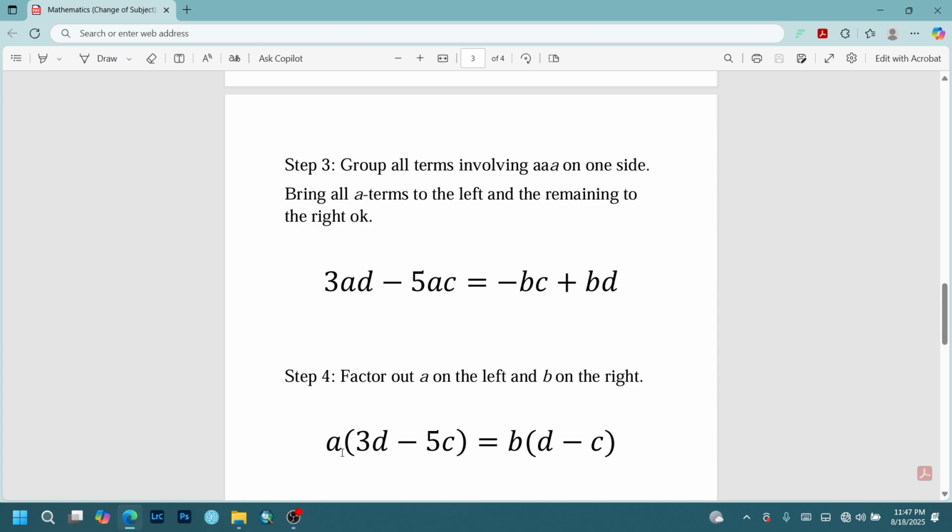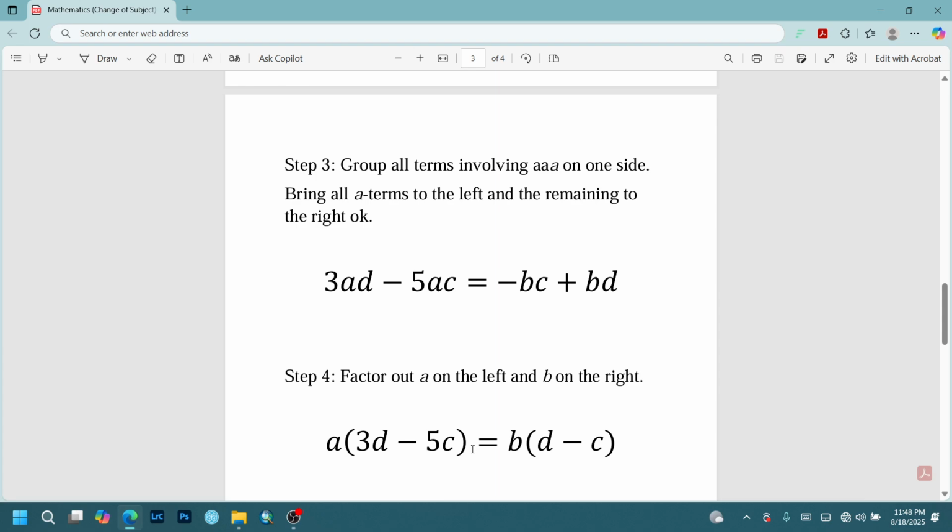And A multiplying negative 5C will give us negative 5AC. So we are going to have A multiplying, in brackets, 3D minus 5C.